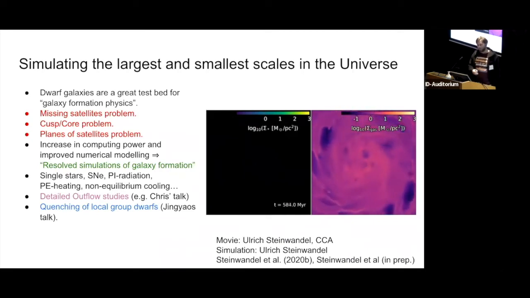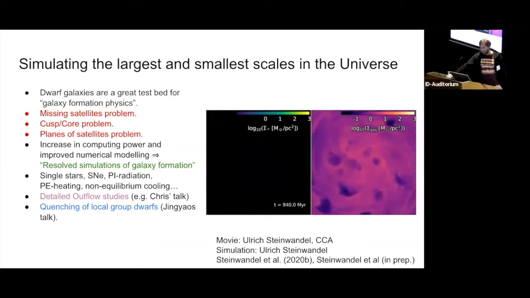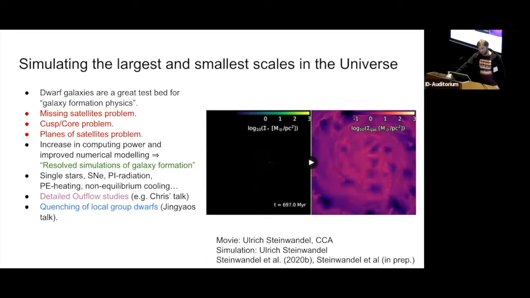We should look at dwarfs because they are a great test bed for galaxy formation physics. I just dubbed these three problems that are still issues to a degree: the missing satellites problem, the cusp-core problem, and the planes of satellites problem. For all of these three problems, the dwarf galaxy population is of paramount importance.